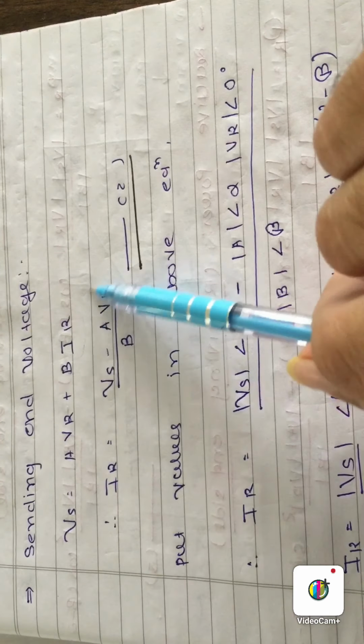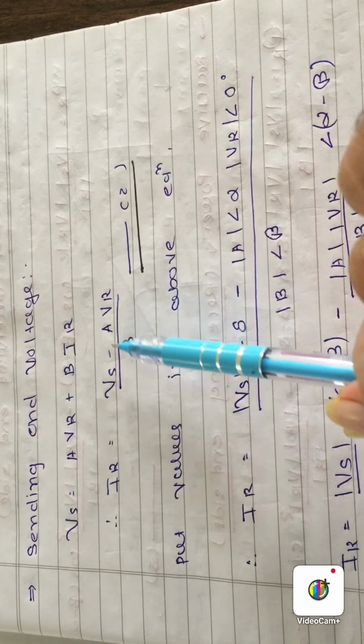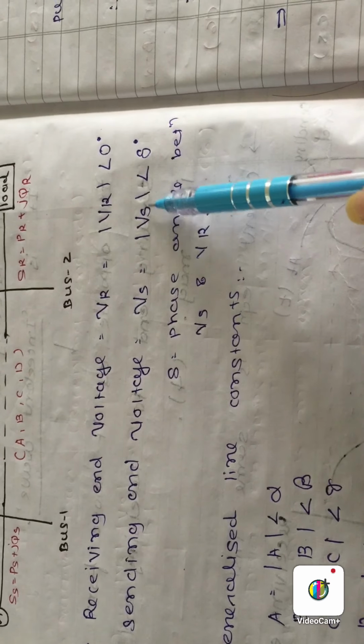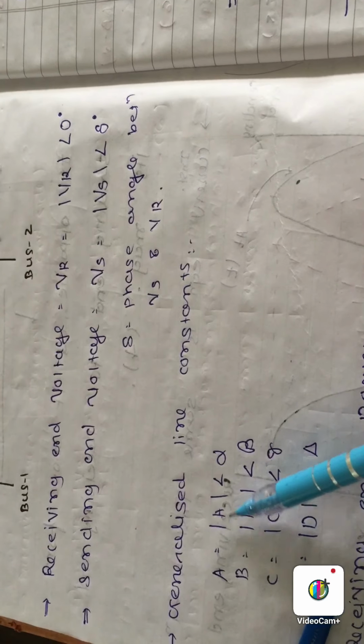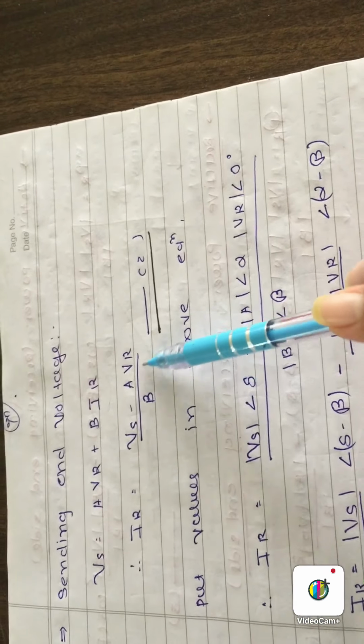Now we will put the values in this IR equation. We have the values of Vs, A, VR, B mentioned here: Vs equal to mod Vs angle delta, A equal to mod A angle alpha, B angle beta, C angle gamma, D angle delta. Put all these values in equation 2.